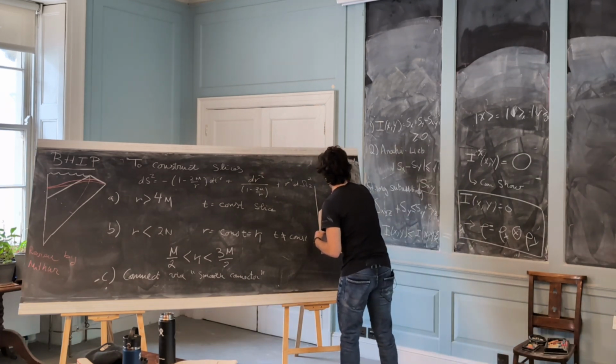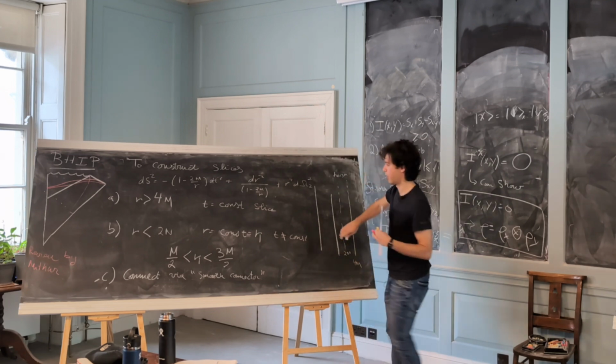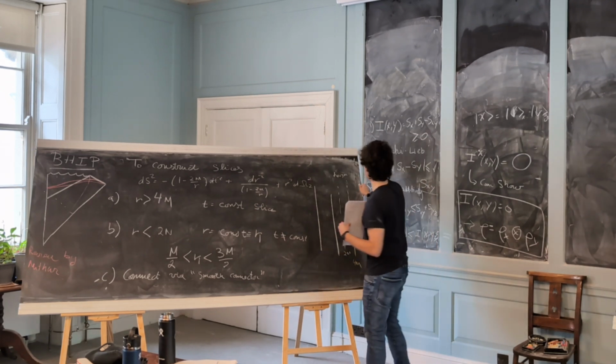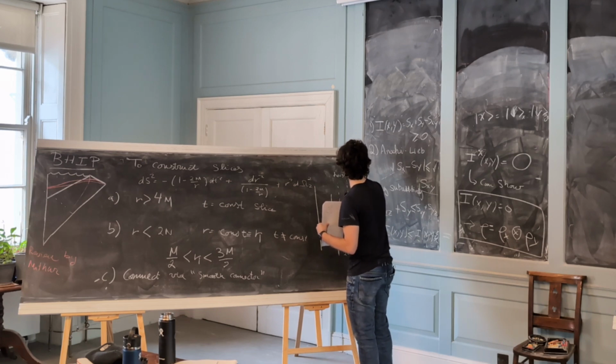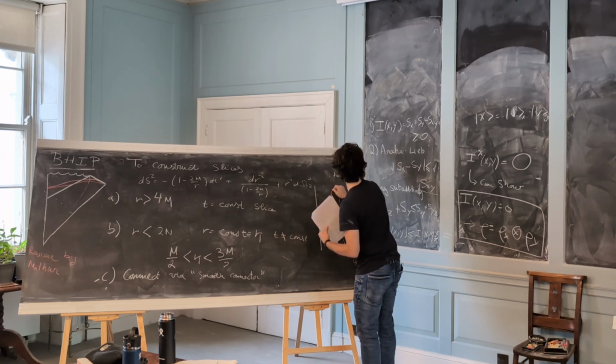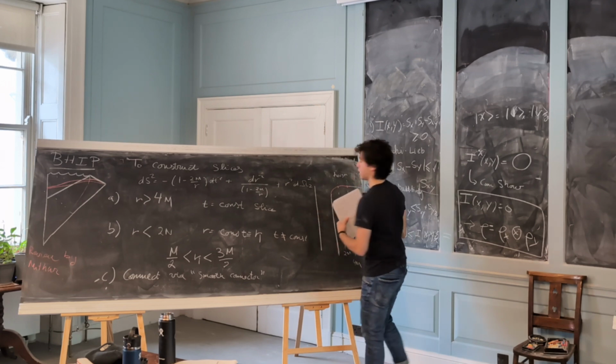Here is my R equals constant part, and here is my T equals constant part. And then I have a connector region that's always smooth, with no big derivatives.